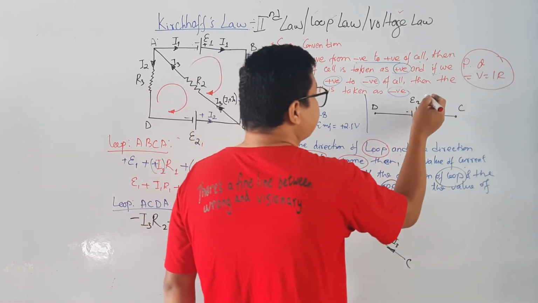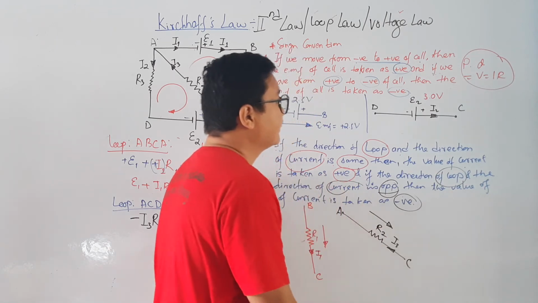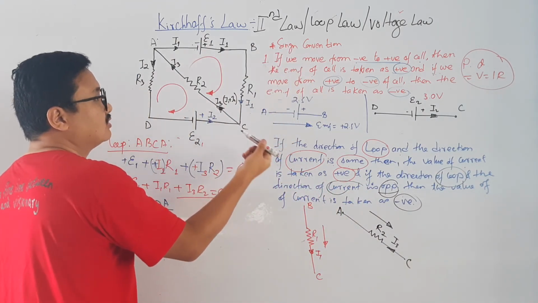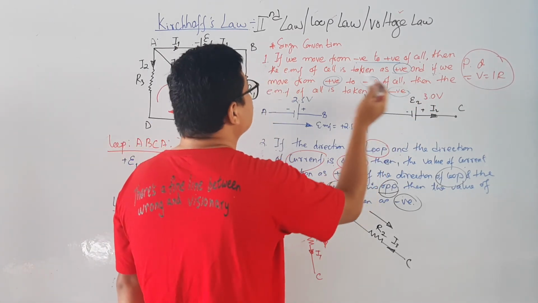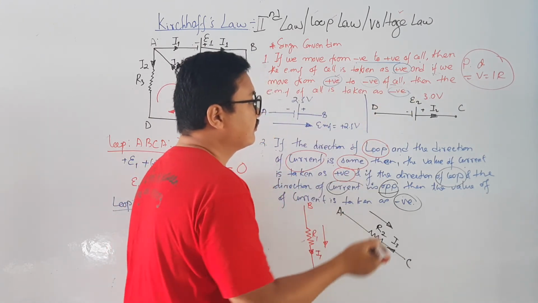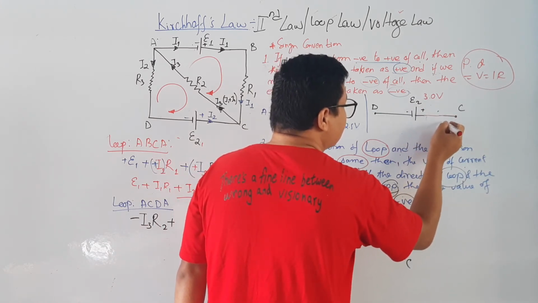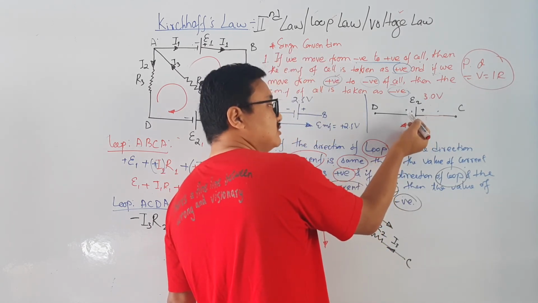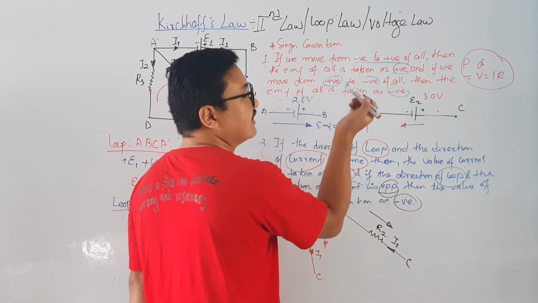So if it is 3.0 volt, then if we move from positive to negative of the cell, that is in this direction, I am moving from positive to the negative, then the EMF of the cell is taken as negative.